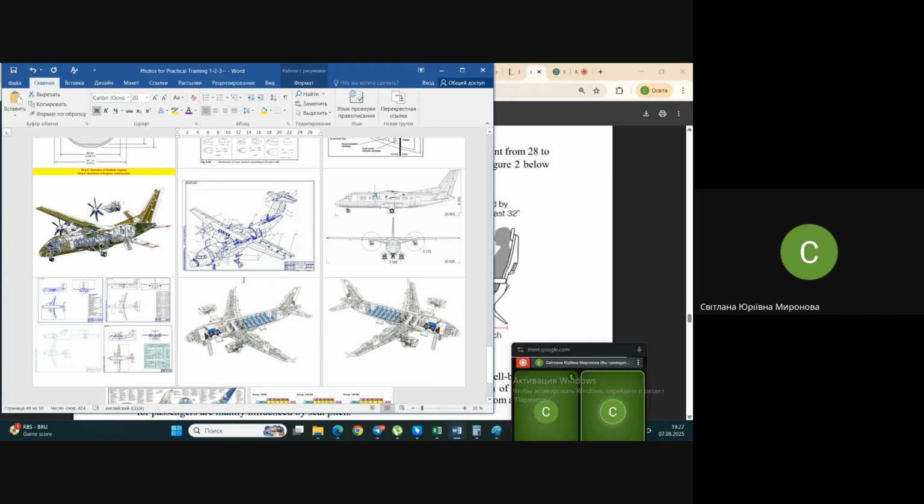If we compare Boeing and Airbus of the same class, of the same capacity, we will see that the Airbus airplane is more fat, more clumsy, I would say. It's not so slim, not so streamlined. And once again, it depends on traditions of design also.